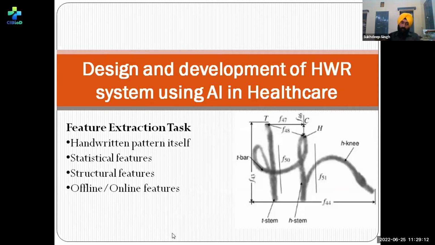Once we have collected our data and pre-processed it, the third step is the feature extraction task. Feature extraction means we are finding certain properties of different types of characters of the handwritten trajectory so that one character can be distinguished from another. Features can be statistical as well as structural.